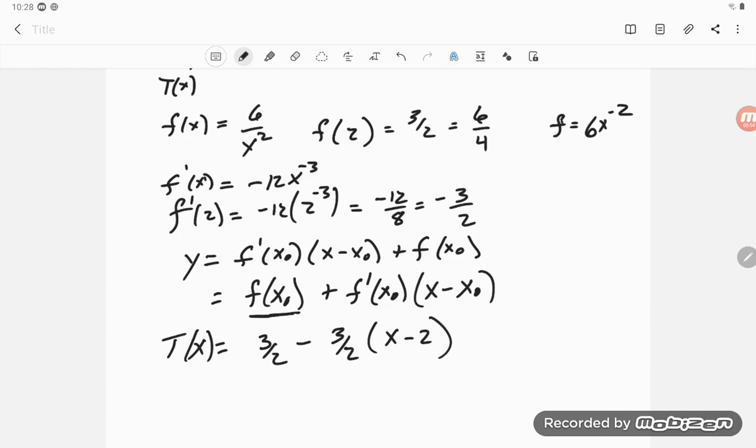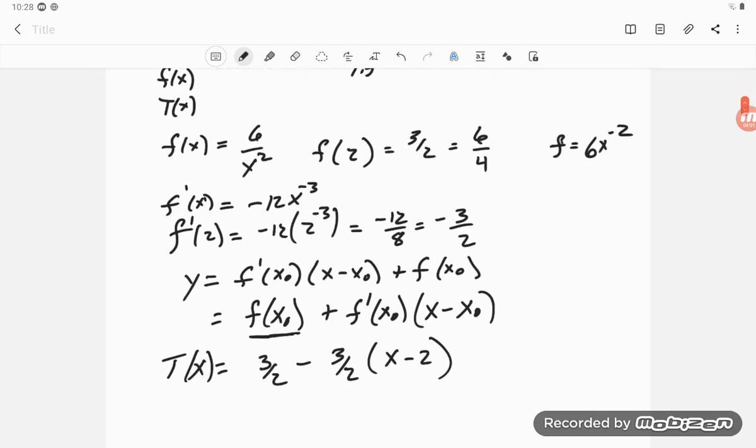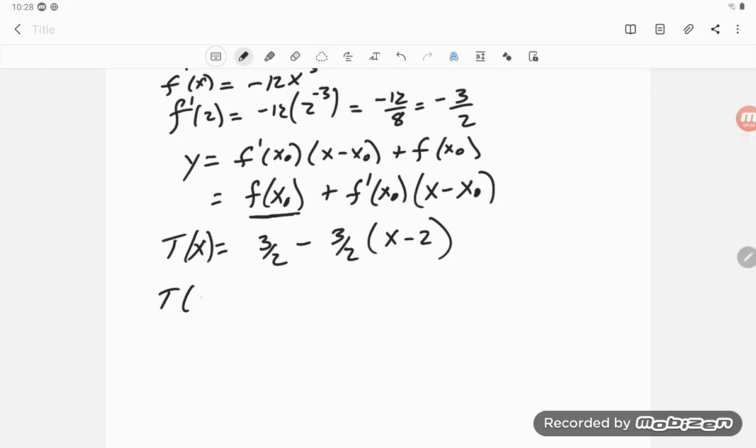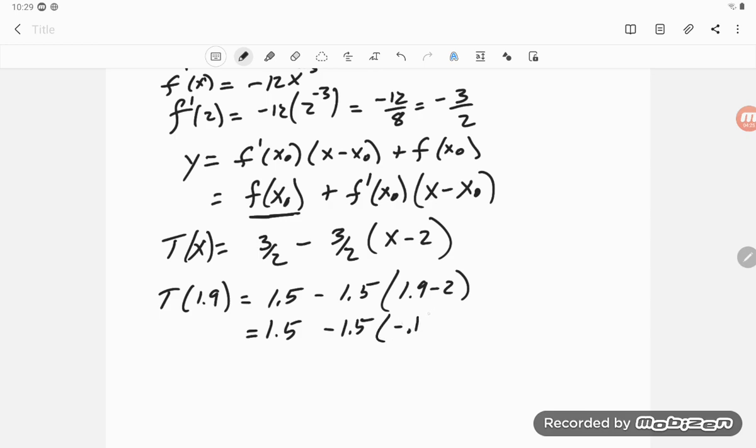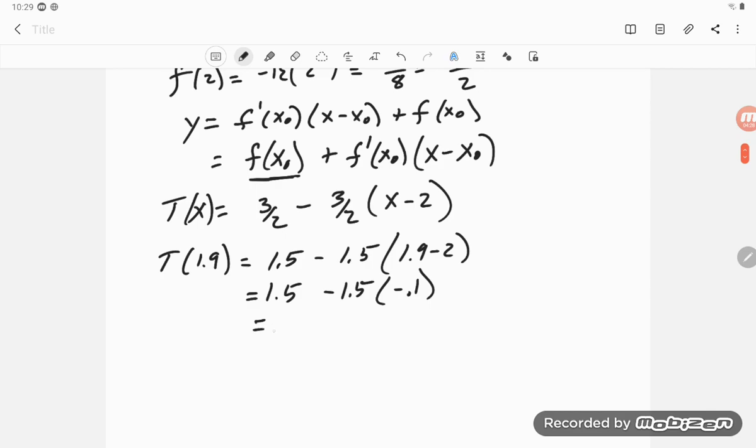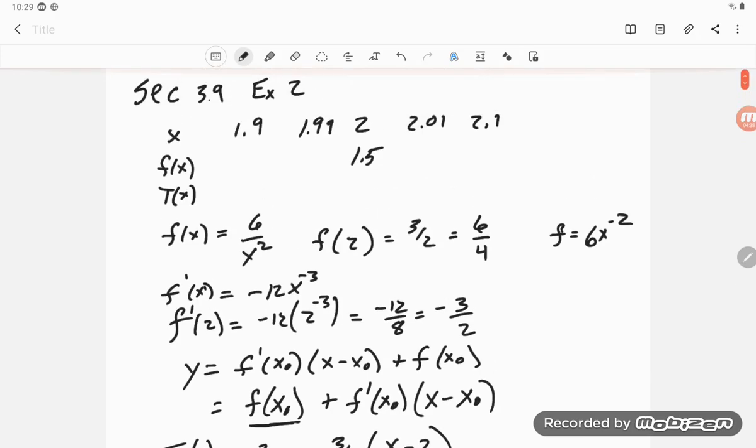So there's our tangent line, and we can try out some of these other values. 1.9, 1.99, so T of 1.9 is 1.5 minus 1.5 times 1.9 minus 2, so that's a negative 1/10, so that's 1.5 minus 1.5 times a negative 0.1, and so that gives 1.5 plus 0.15, and so 1.65. So we would fill this out at 1.65.